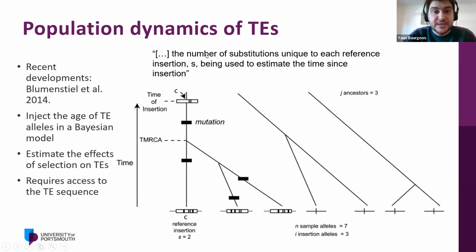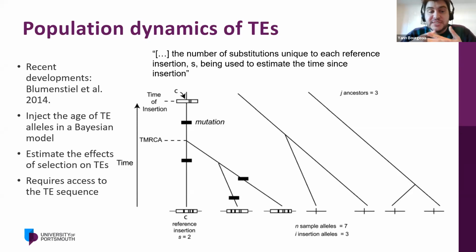And what they do is create a genealogy of all these elements. Based on that, they can estimate when transposable elements have been more active. Then they can inject the age of transposable elements in a model, a Bayesian model to be precise, that will take into account both the age of TEs and the allele frequency spectrum to estimate the average effect of selection against TEs, the average selective coefficient against TEs.